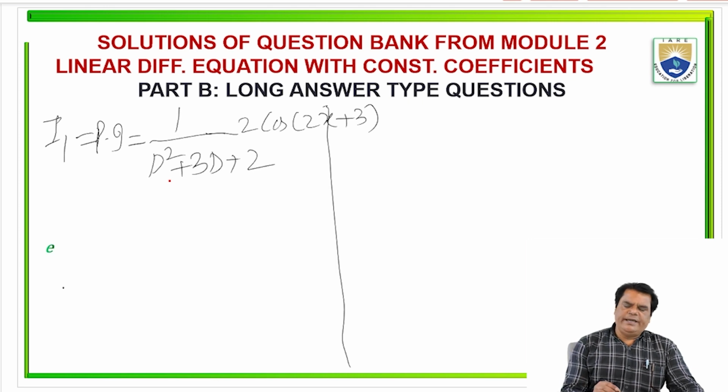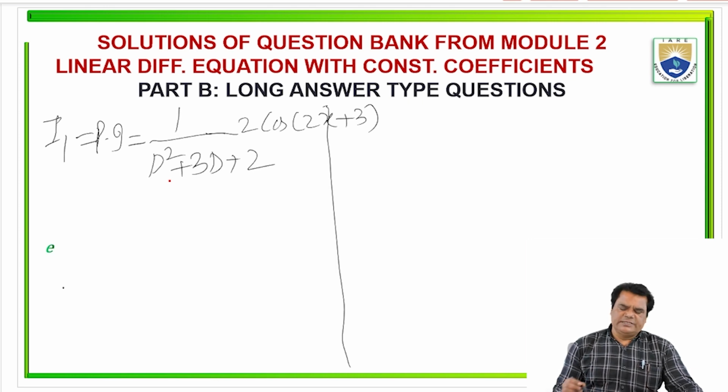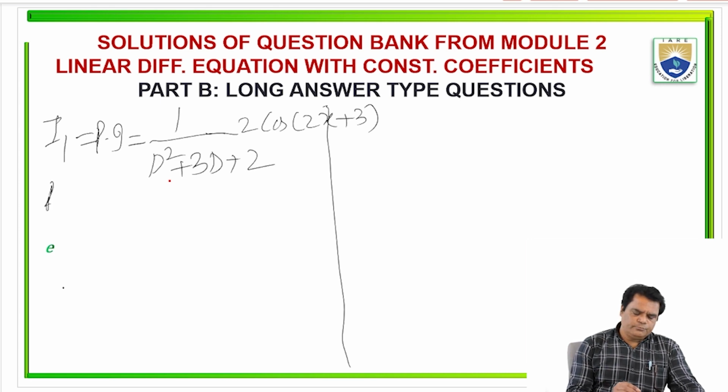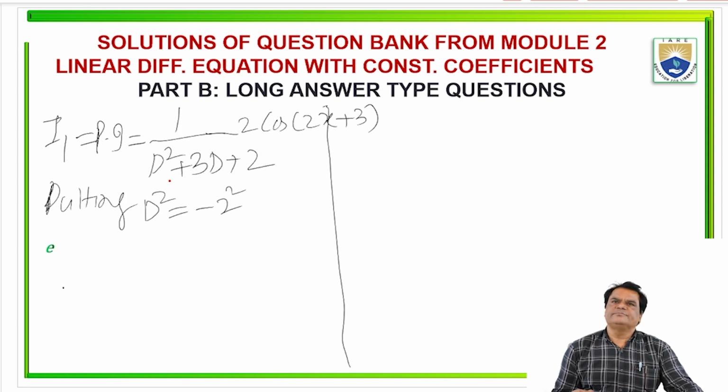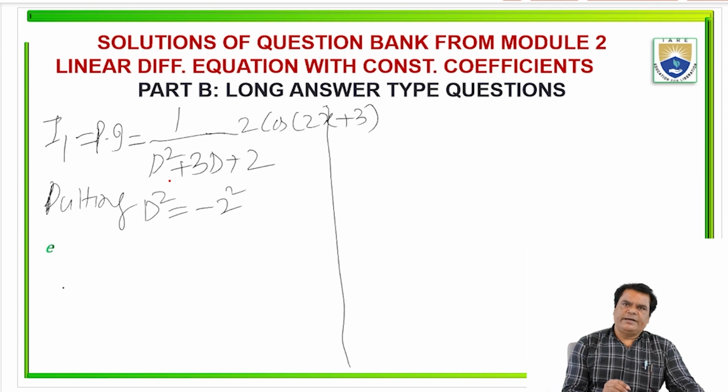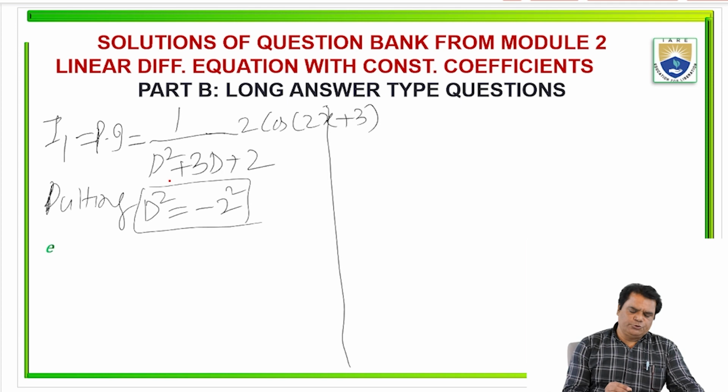So here cos of ax plus b, where the coefficient of x is 2. So putting D square equal to minus 2 square in this denominator, only D square equal to minus 2 square.